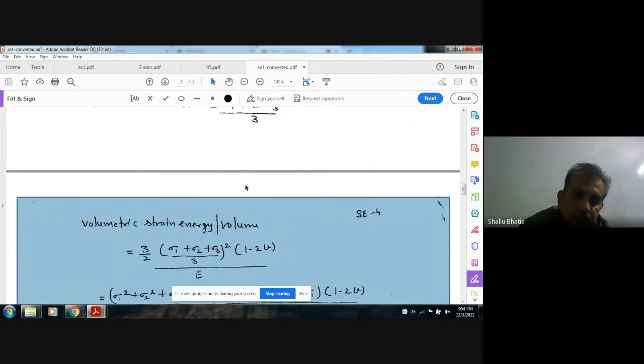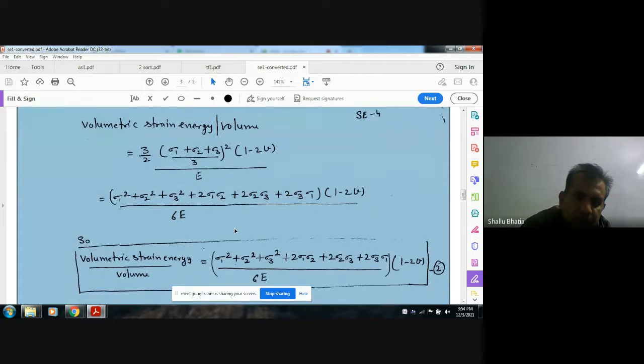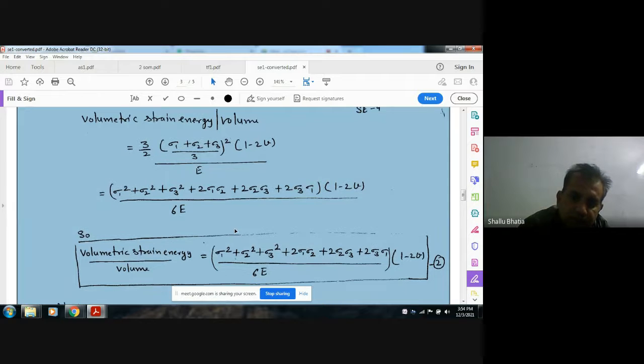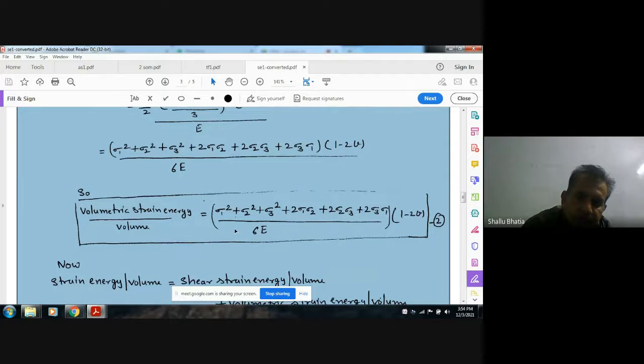So if we put sigma 1 plus sigma 2 plus sigma 3 by 3 equal to sigma, then the strain energy will be this: sigma 1 square plus sigma 2 square plus sigma 3 square plus 2 sigma 1 sigma 2 plus 2 sigma 2 sigma 3 plus 2 sigma 3 sigma 1, times (1 minus 2 mu) divided by 6E. Now this is the volumetric strain energy.